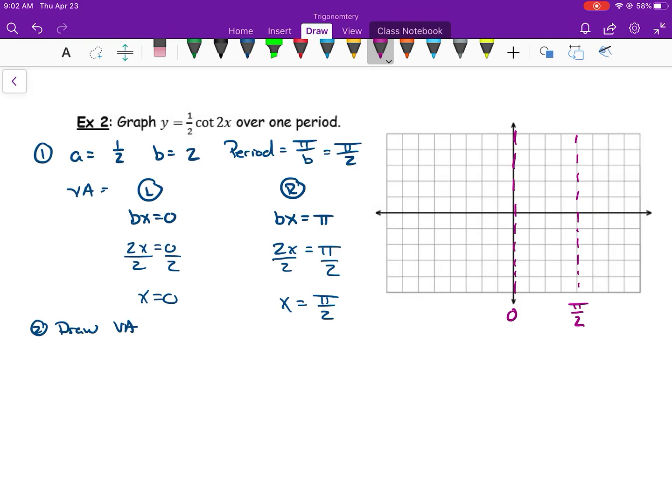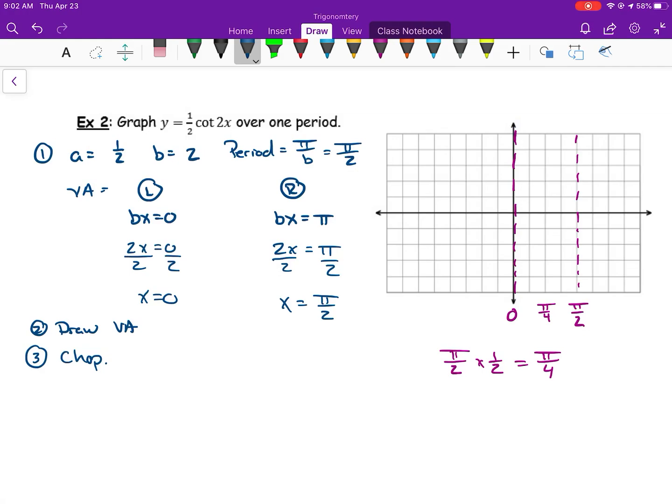Alright, so again, the half of a half is going to be a quarter. So if I'm going to find that middle point, half times a half, cut it in half, it gives me pi over 4. So the middle one is pi over 4. Okay, then we do our chopping.